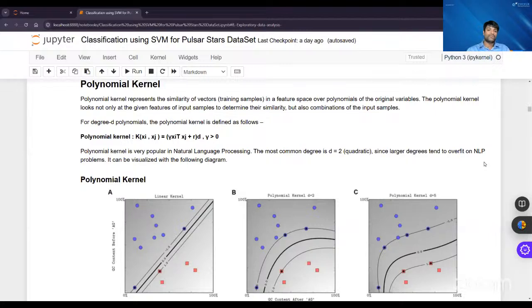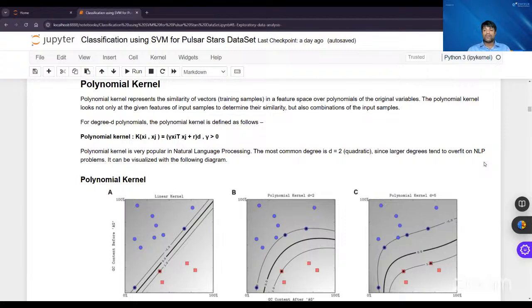You have one degree polynomial, 2 degree polynomial, 3 degree polynomial. This degree of polynomial is the d value inside the polynomial kernel. If you have 2, it is a quadratic. The most common degree we use is 2.